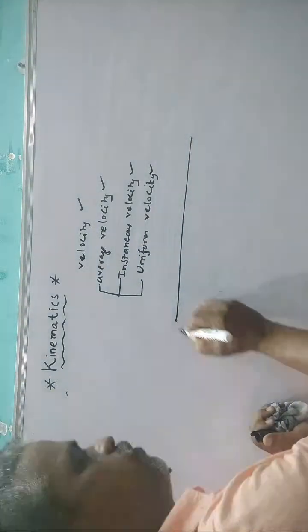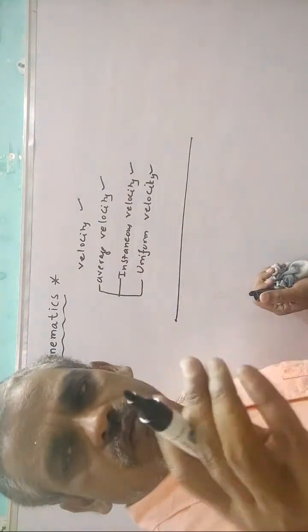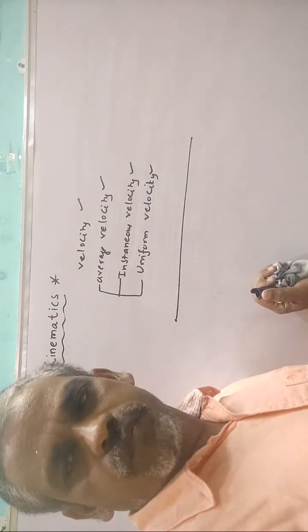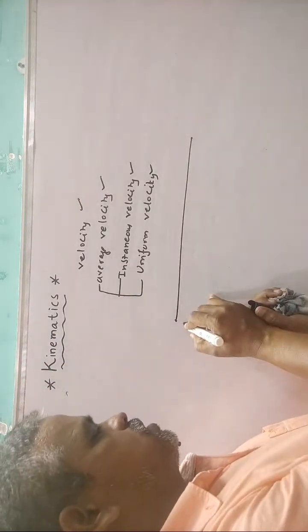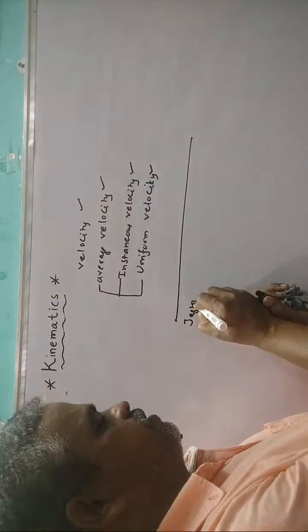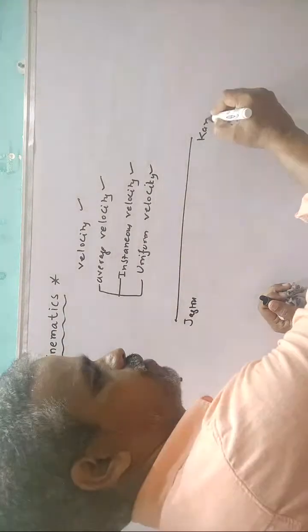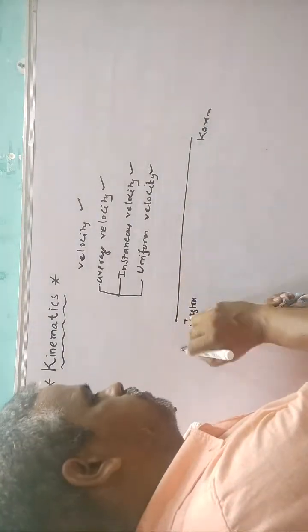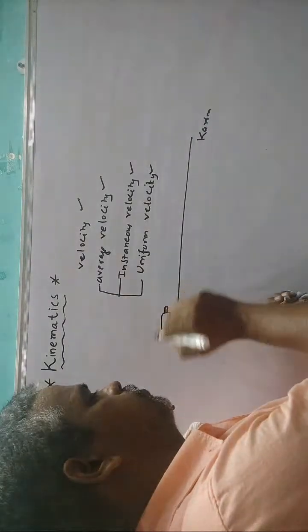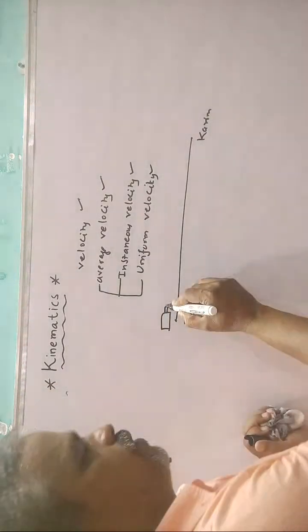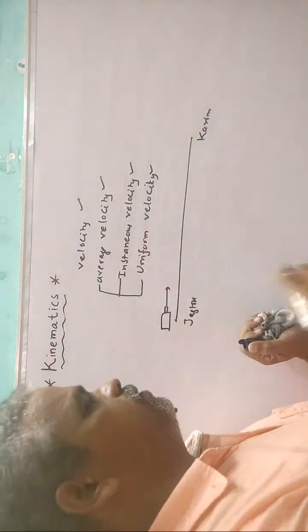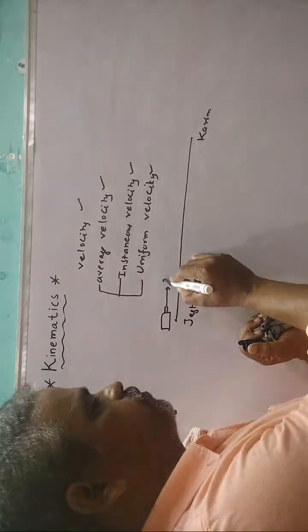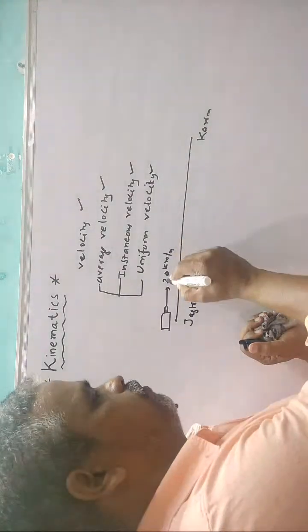See, throughout the journey, for example, you are watching my video. Balu started at Jaityal and reached Karimnagar in a car. The car is moving with 20 kilometer per hour, with uniform velocity.